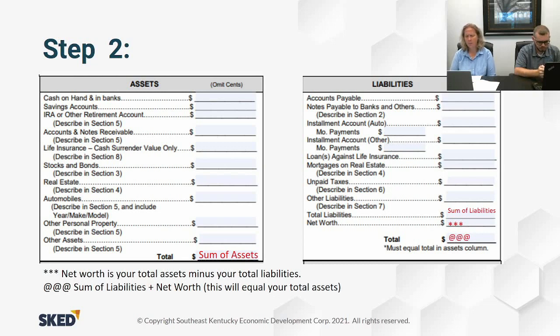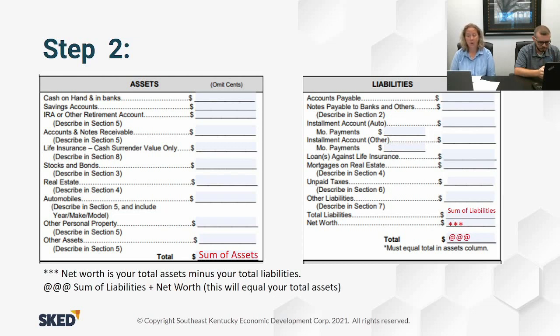So notes payable to banks and others. We're going to describe this in Section 2, but this could be your house payment. This could be a home equity loan. This could be, if you've taken a cash advance or something like that, it would go here.